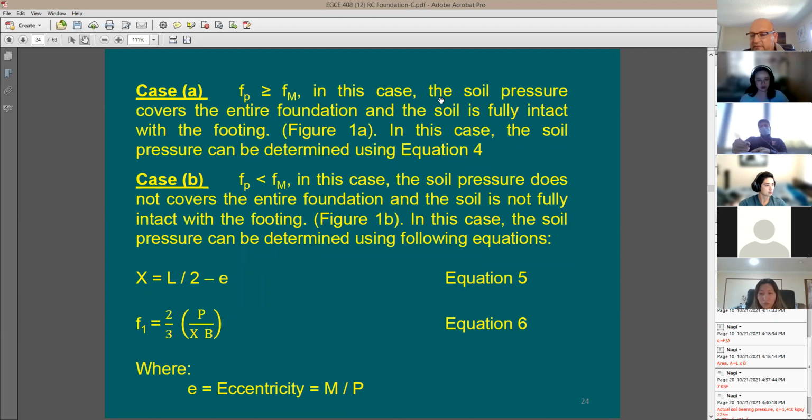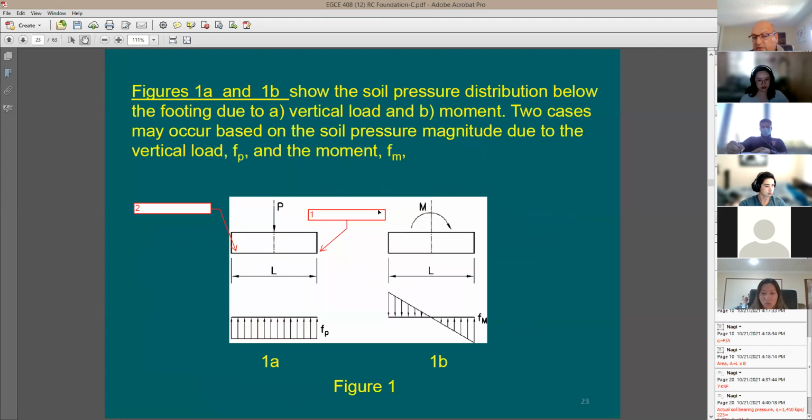I have case B. What happens if you have lots of moment in the footing? The footing is going to start to lift up, which means part of the soil right below the footing is not going to be in direct contact with it. What do I mean by that?